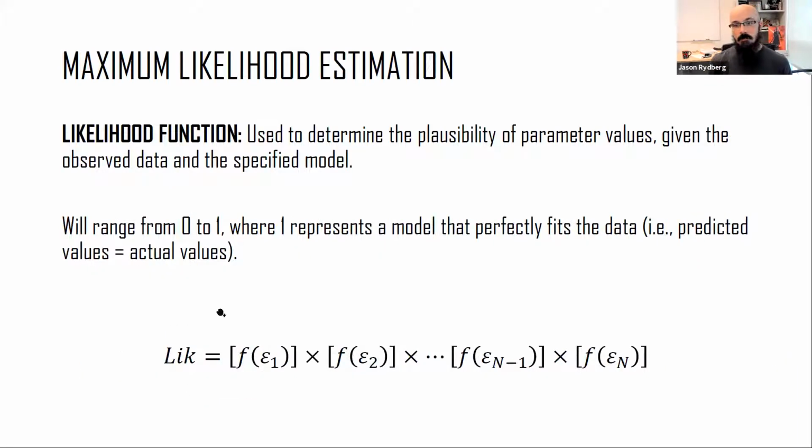Now, as you might think, that likelihood can range from 0 to 1. If we had a likelihood of 1, that means our model perfectly could reproduce all of the data points. As you could imagine, no model is going to get that high. In fact, most of the time, our likelihood value is going to be ludicrously small, 0.00000000, going on and on and on.